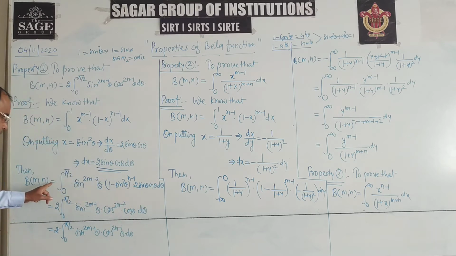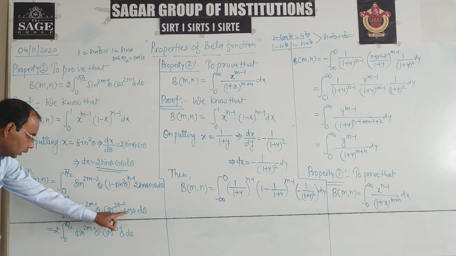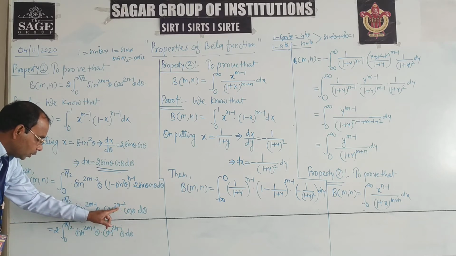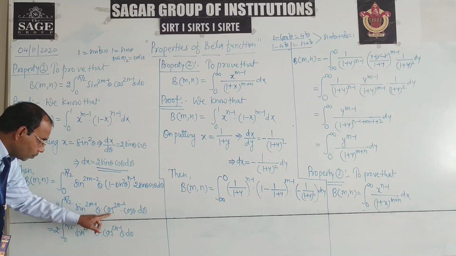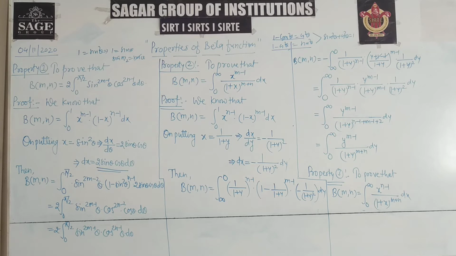So we have 2 times the integral from 0 to pi by 2 of sin^(2m-1) theta cos, where the power is 1 and both bases are the same, so 2n minus 2 plus 1 is 2n minus 1 theta d theta.